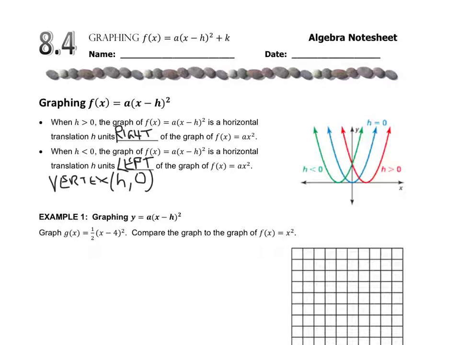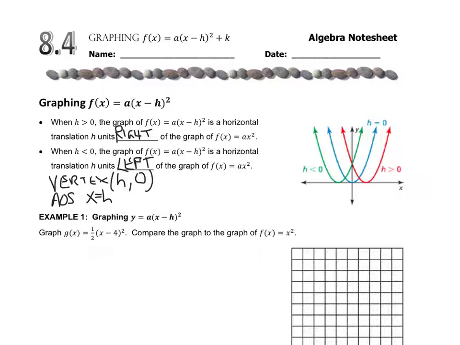And this would also make my axis of symmetry that same x equals h. So in this form, and it has to be in this form, a times x minus h squared, the vertex would be at whatever the h was that went in. So if it was a plus, it's now a negative number. If it's minus, it's still just the positive h, comma 0.